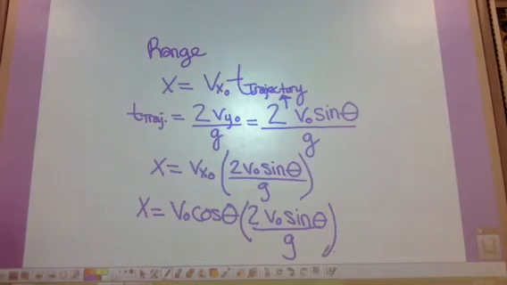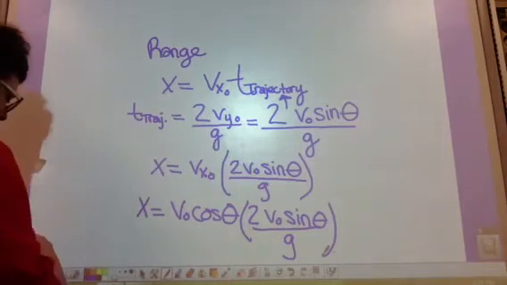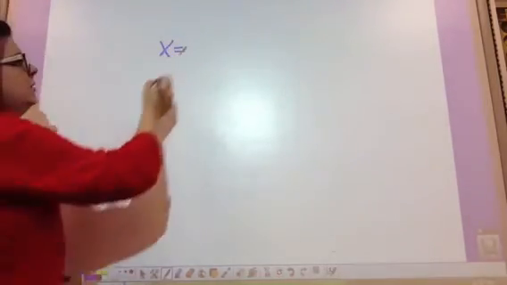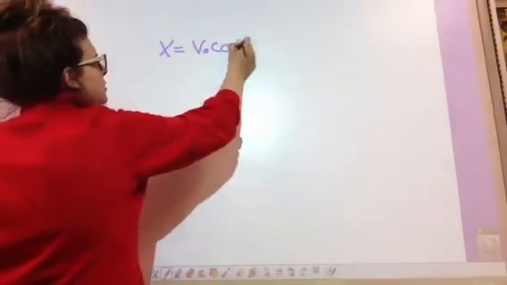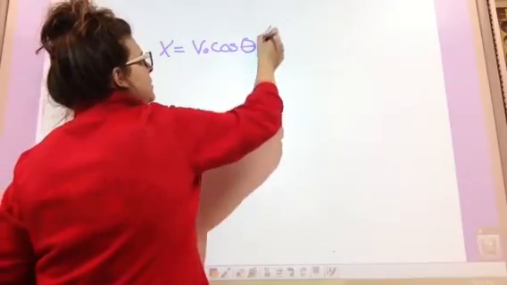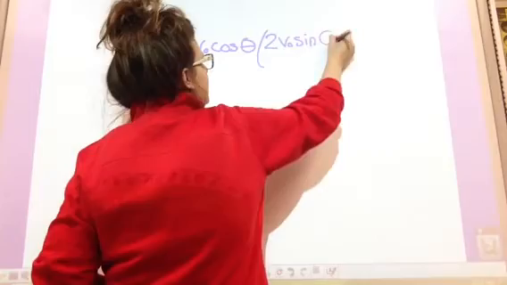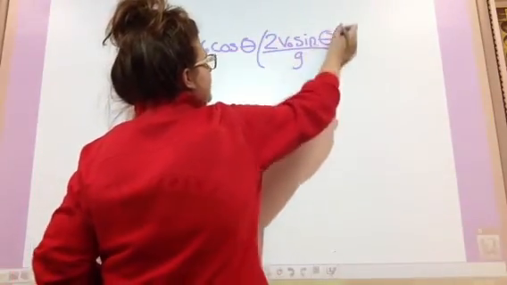Okay, well now there's a lot of variables here. I want to try to simplify this down as much as possible to just clean it up. So let's rewrite that up here. X equals, what did we have? V0 cosine theta times 2 V0 sine theta over g.